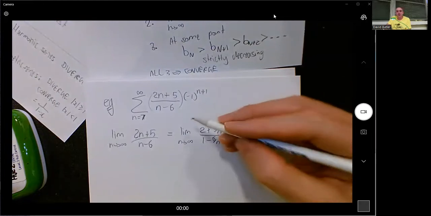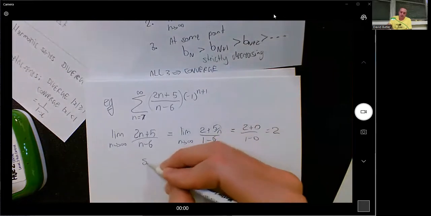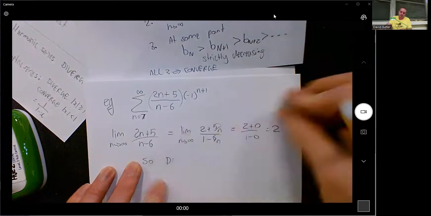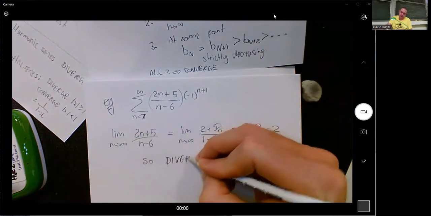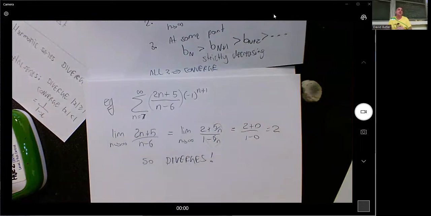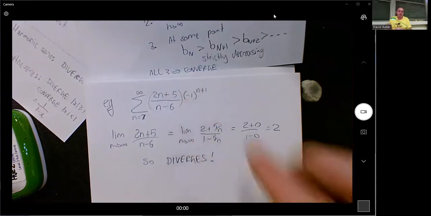And if the limit of this thing is not 0, then it doesn't converge. So it diverges. Yay. I didn't even need the fact that it was an alternating series at all. But the alternating series allows you to ignore this bit.